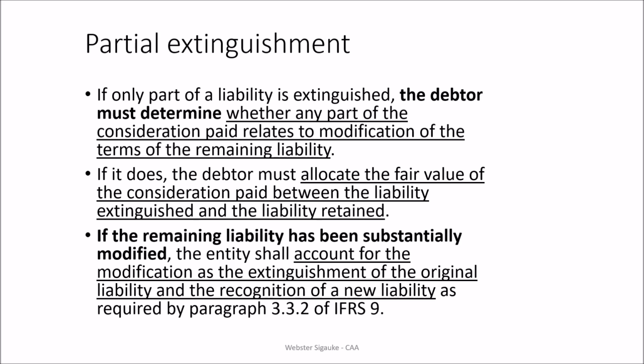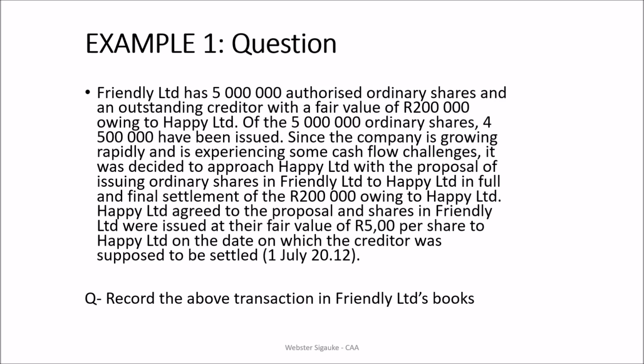If it does, the debtor must allocate the fair value of consideration between the liability extinguished and the liability retained. Because this deals with modification, you just need to be aware of it. If the remaining liability has been substantially modified, account for the modification as extinguishment of the original liability and recognize a new liability.